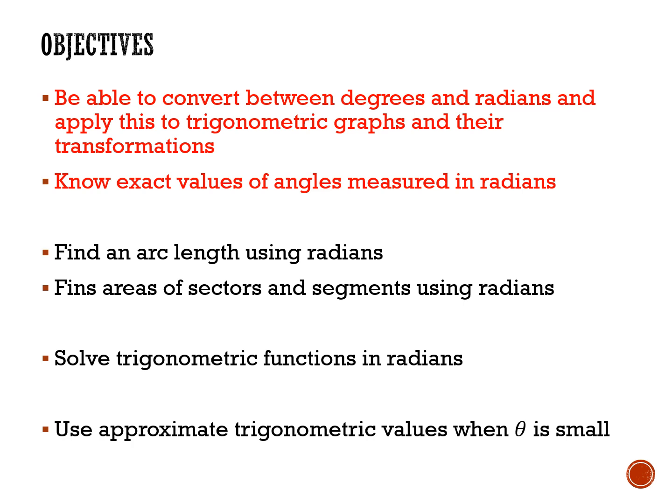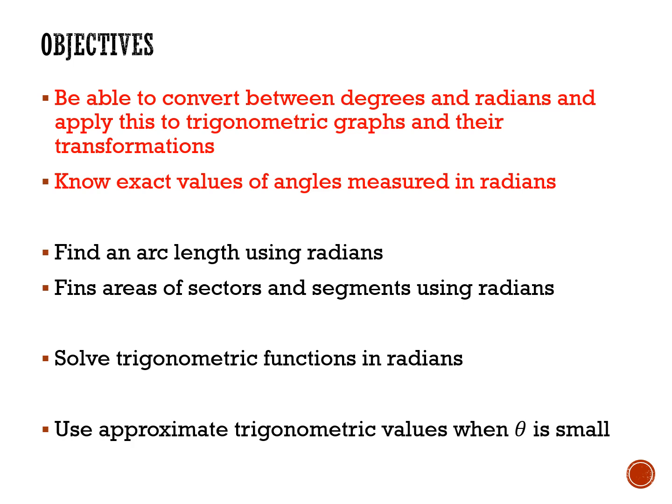Then what we're going to go on to is to do with finding arc lengths and areas of sectors and segments, which you will have already done when we've got the angle measured in degrees, but we're going to do that where it's measured in radians, and actually it makes them a lot easier. We're going to solve trig functions in radians, so solve equations that have trig functions in them, but look at answers in radians.